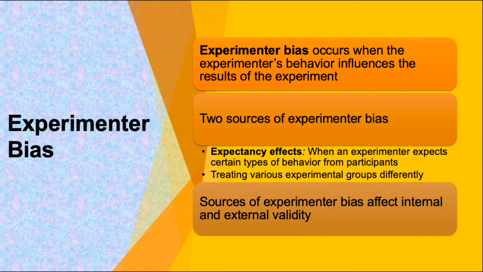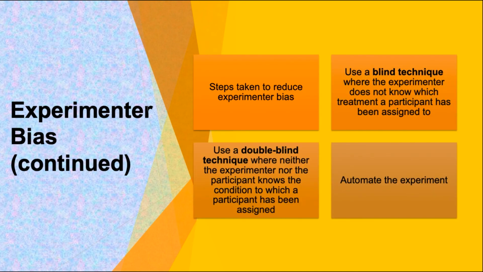External validity is threatened because the data obtained may be idiosyncratic to your particular influence. Because experimental bias can pose such a serious threat to internal and external validity, you must take steps to reduce this bias.